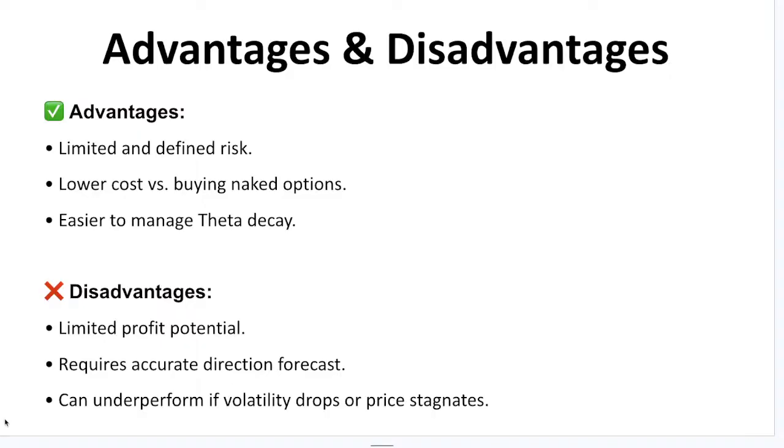As I mentioned, you want to buy when IV is low, but if the volatility drops further, your contract value drops even lower. So you lose money not because of direction, but because of volatility. And if price is stagnant, that's not what you want, because with a bull call debit spread you want a directional trade, not something sideways or with little movement.